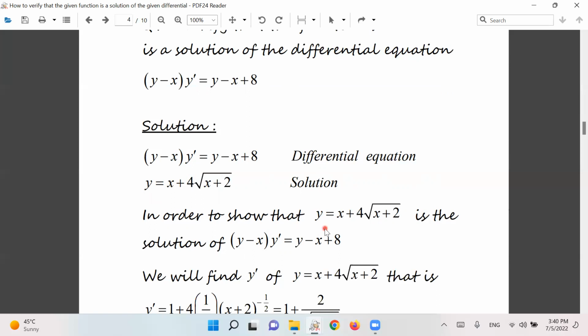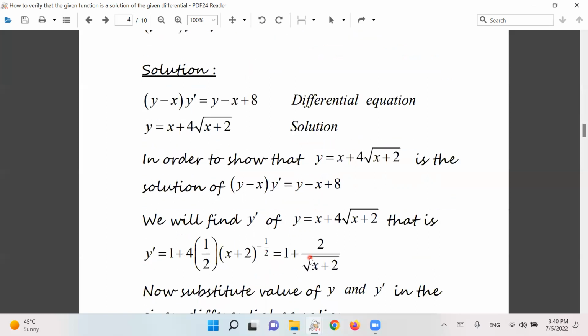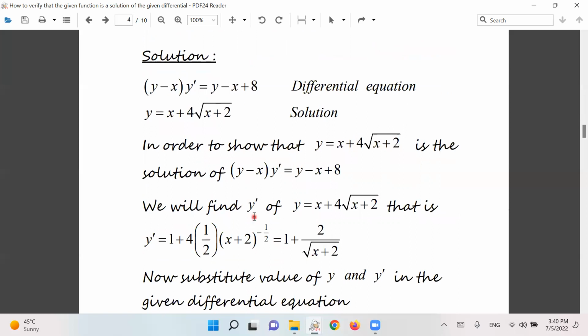So in order to prove that it is the solution, we have to take the first derivative of the given solution. When we take the first derivative, y dash, we are taking with respect to x the derivative of y, dy by dx. The derivative of x with respect to x will be 1. And what will be the derivative of this?